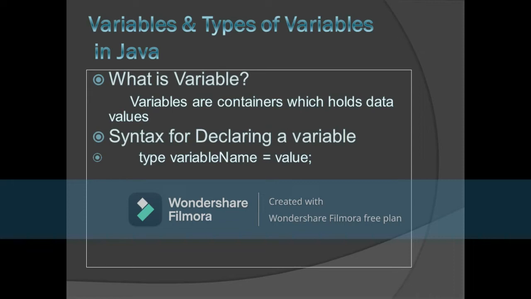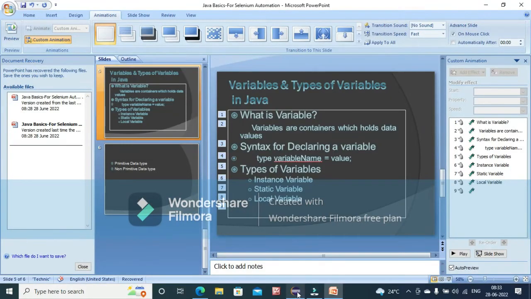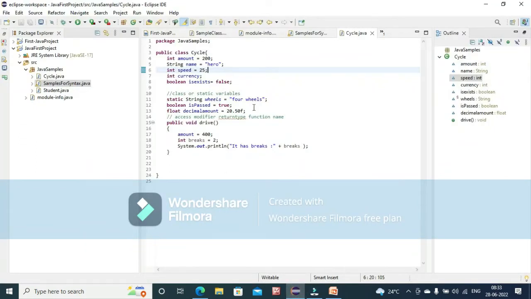Let's see by example. Take a class, for example a Cycle class. Within this class, I have declared int as the data type, amount as the variable name, and 200 as the value I want to store in this variable.